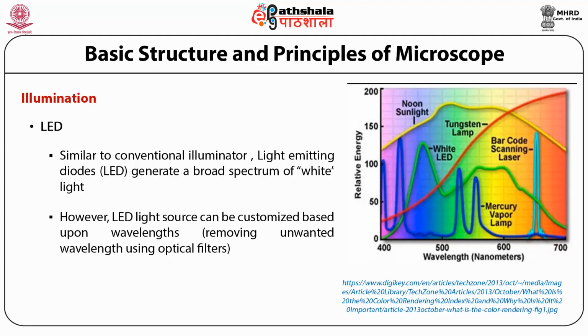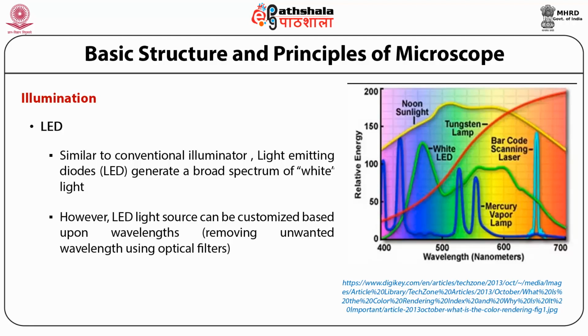We can put a filter in front and make sure that only a specific wavelength is being given to our system. This is very important in imaging, in fluorescence imaging in particular, where we don't have to worry about getting an excitation filter before the sample is hit by the light.